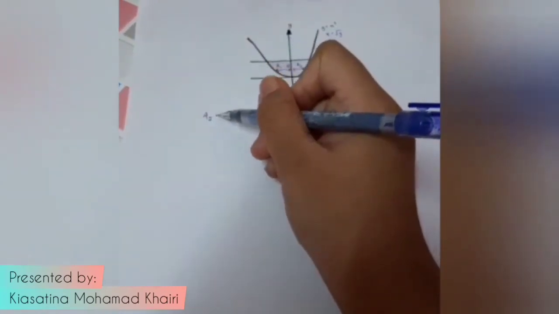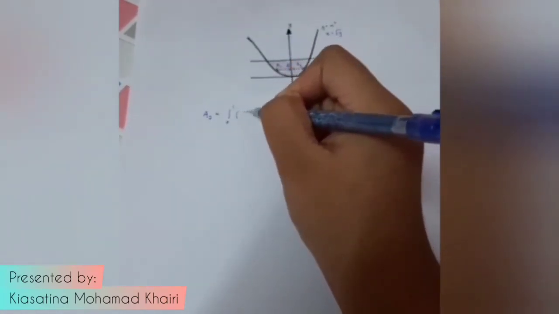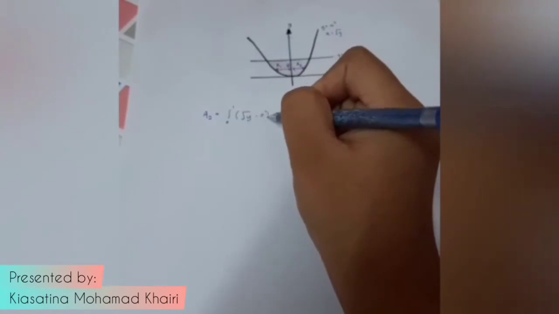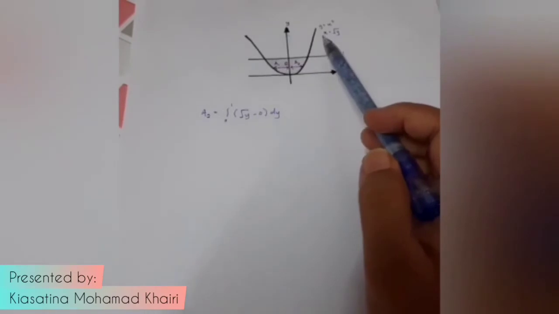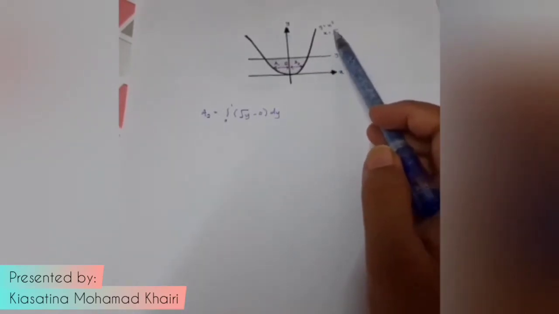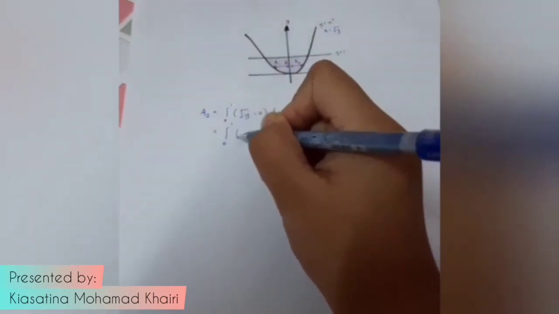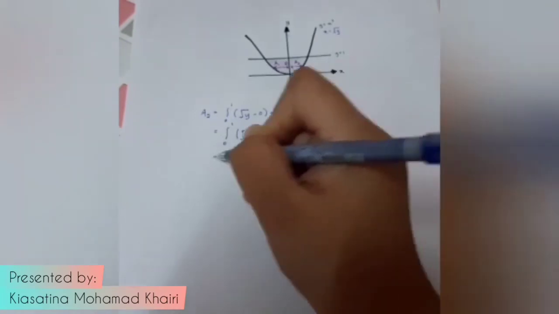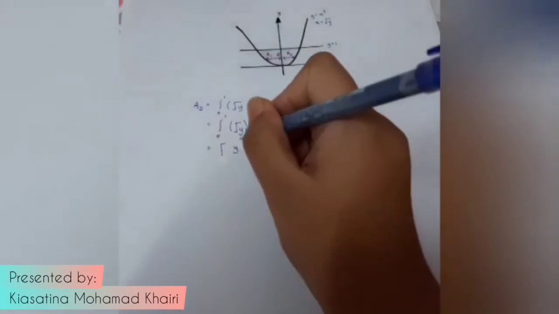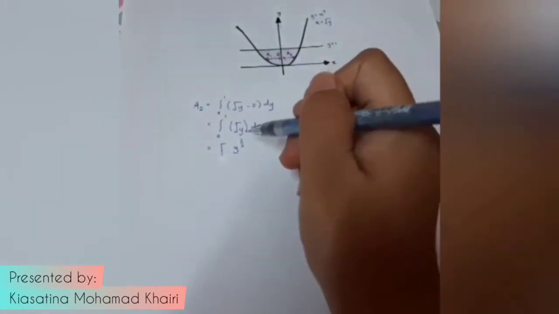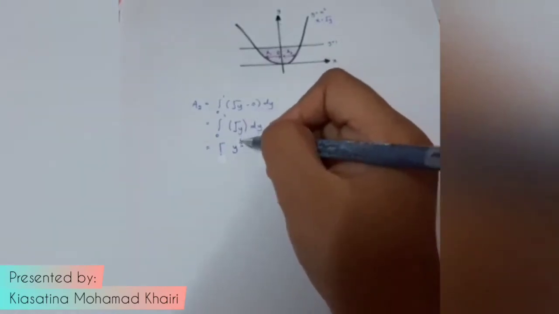A2 is equal to the integral from 0 to 1 of (y minus 0) dy. Since it is integration towards dy, we have to search for x, and we got square root of y. So after this, it becomes the integral of square root y dy. Change it to brackets, and we got y to the power of 3 over 2. How we got 3 over 2 is because we changed the power, and we got 1 over 2, and we add 1, and we got 3 over 2.